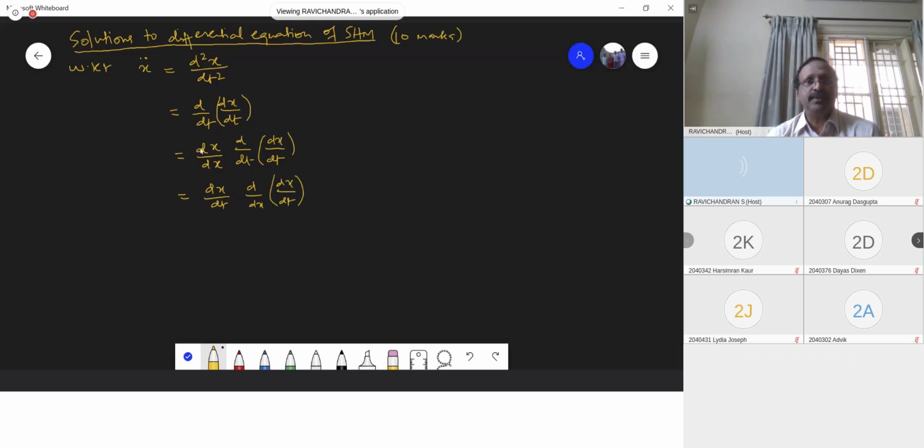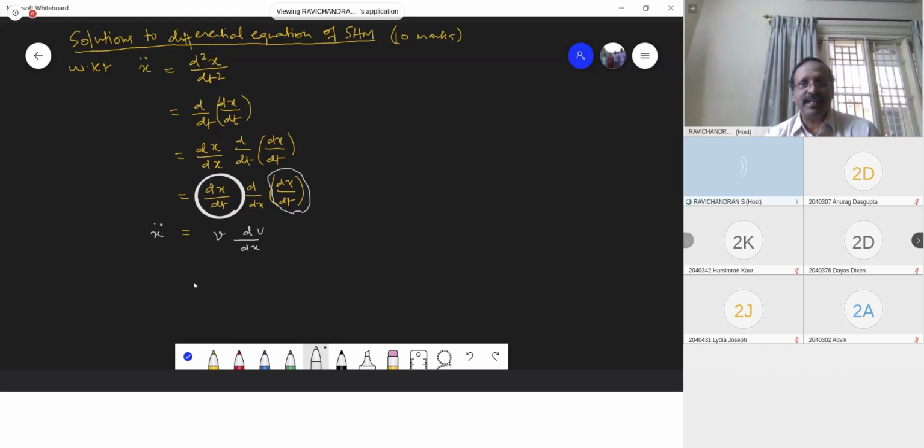I have grouped this dx and dt here and d by dx. Mathematically, it allows. This term is velocity, and so this term also velocity. Therefore, I can write here v into d by dx of v equal to x double dot.